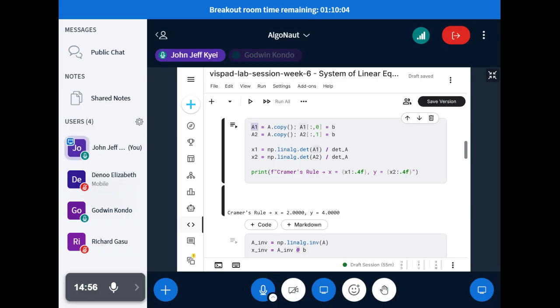So for x, we are going to replace the first column, which is column 0, with our vector B. A dot copy is just going to copy A and swap these, taking the first column over here and replacing it with the vector.